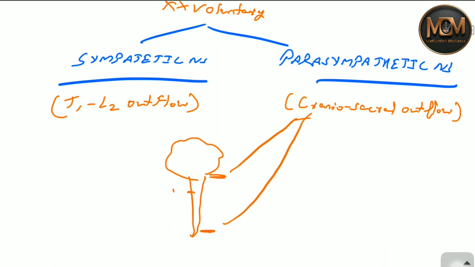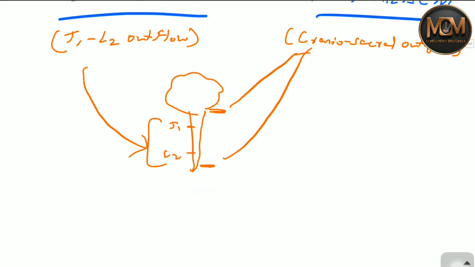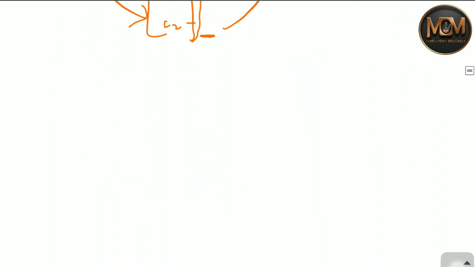And the central region, the thoracolumbar region, is the sympathetic nervous system. So by this way, you can remember that the sympathetic nervous system is supplied by the thoracolumbar outflow and the parasympathetic by the craniosacral outflow.